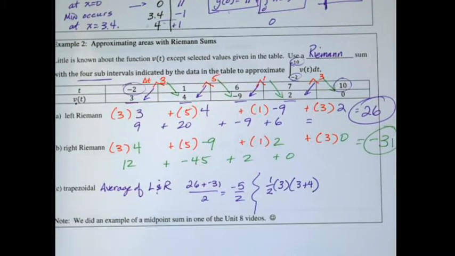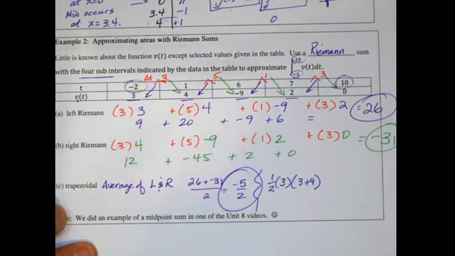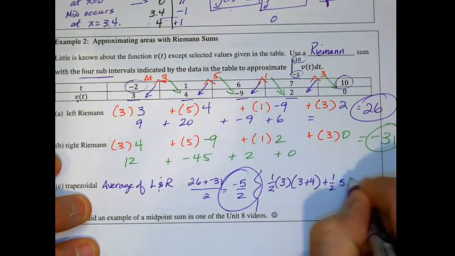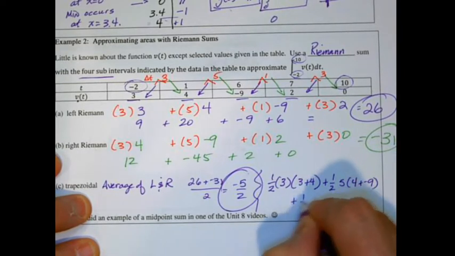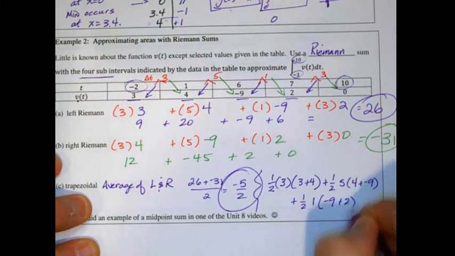So it's not that we didn't get it, there's a shortcut to that. You can take the left and right averages. So that average is 5.5. Well, I'll just set this up. Plus 1 half of 1, and then I take negative 9 to 2.